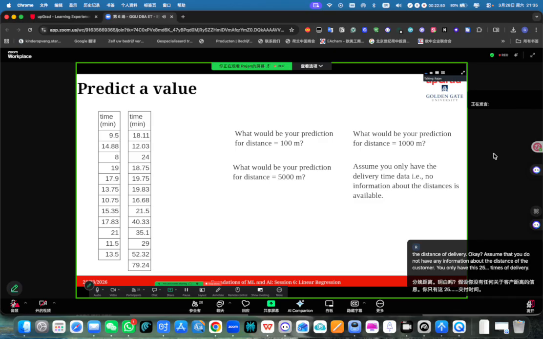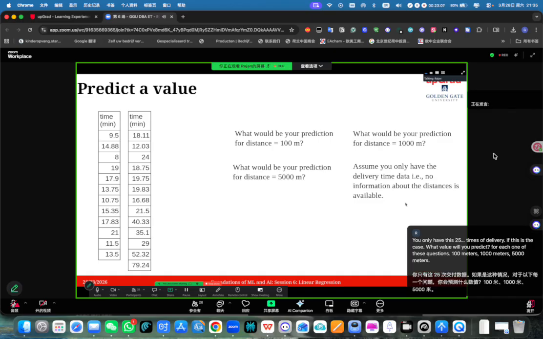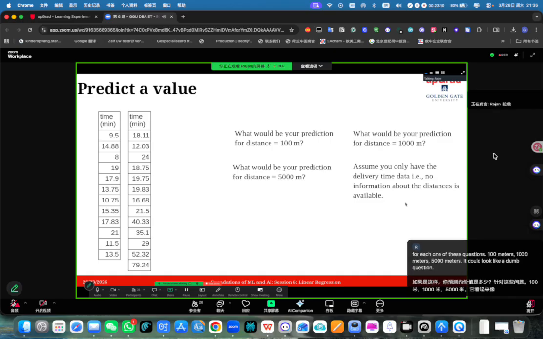If this is the case, what value will you predict for each one of these questions? 100 meters, 1,000 meters, 5,000 meters. It could look like a dumb question, or a very smart question. I do not know. One of these two extreme categories. But what could be the answer?